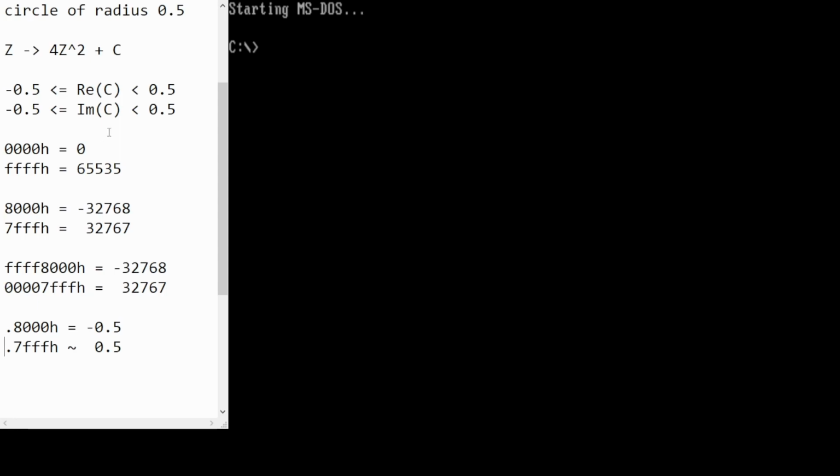Now, how do we represent fractional values? Well, it turns out we just need a binary point. So we could use this value for minus 0.5 and this value for 0.5. Well, it's a little bit less than 0.5 actually. In order to represent exactly 0.5, this would have to be 8000.